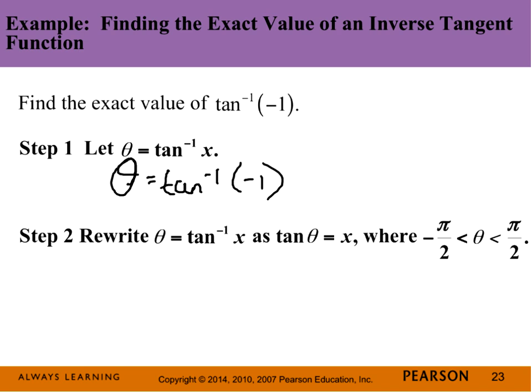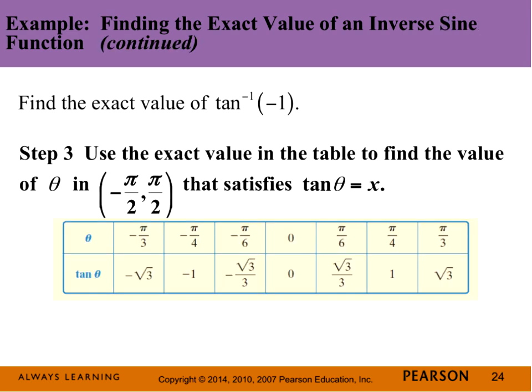So we start out just simply writing our problem. We have theta equaling tangent inverse of -1 in this case. And if this is true, then this must also be true. -1 equals the tangent of theta.